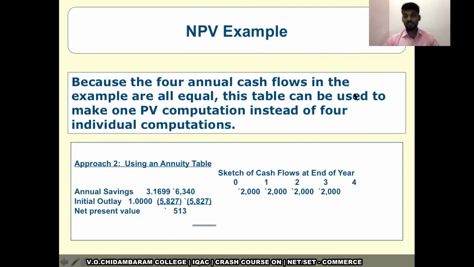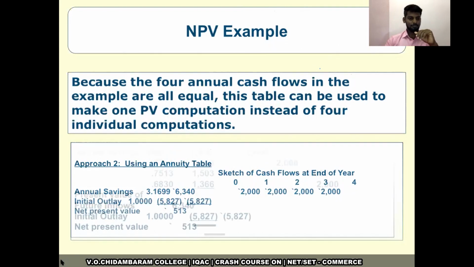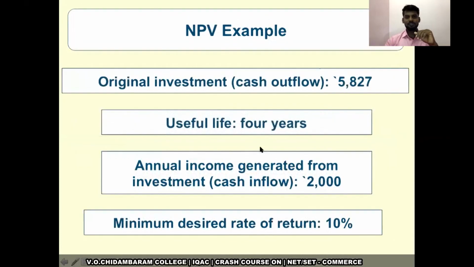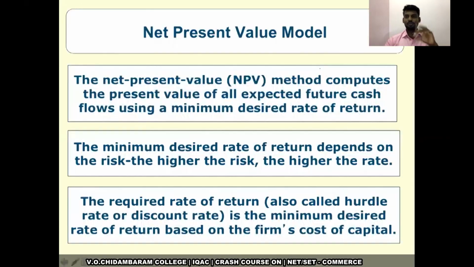The formula is the cash flow divided by 1 plus r, the whole to the power n. So these are the NPV. NPV just means whether a project can be accepted or rejected, whether it is positive or negative.